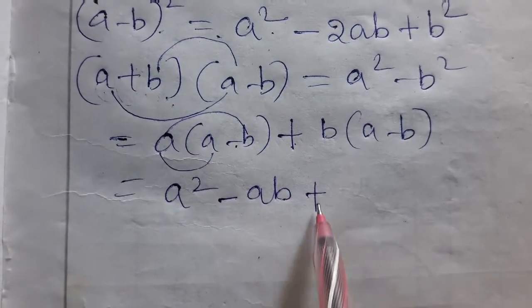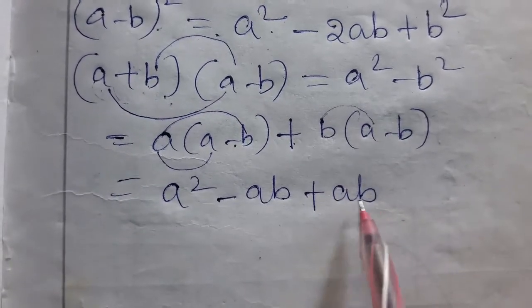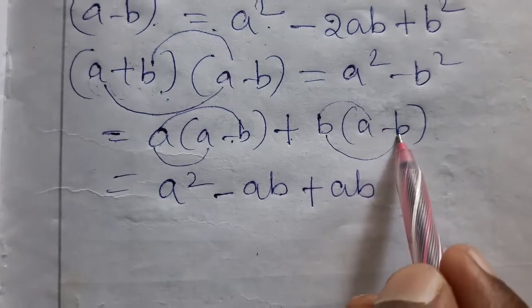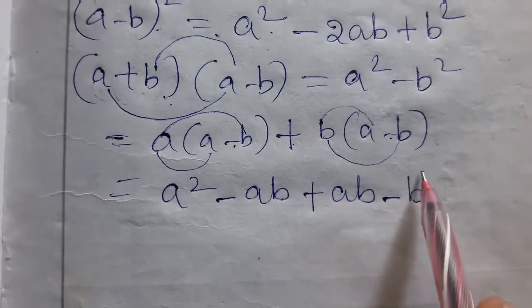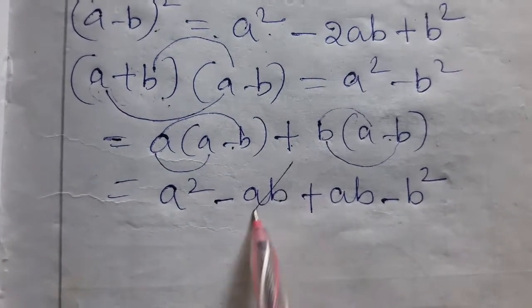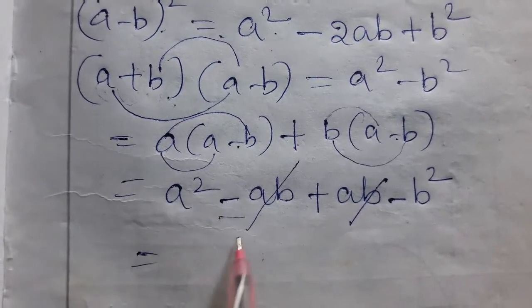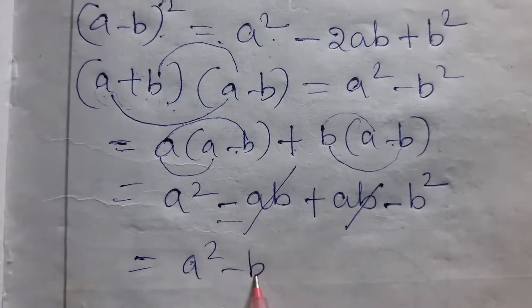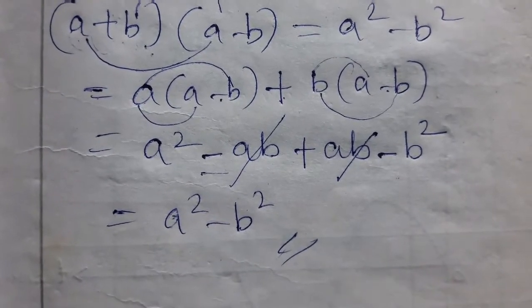Next put plus as it is, b into a means ab, next b into b square, what is the symbol here, minus, so minus b square. Now plus ab minus ab cancel, what remains, a square minus b square. Got it? So like this.